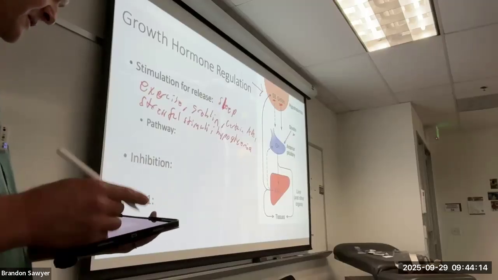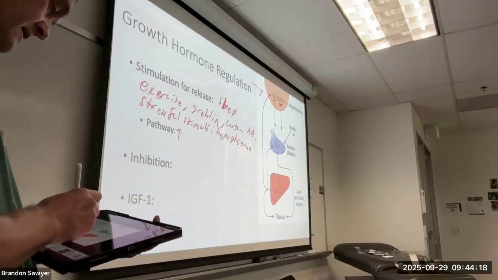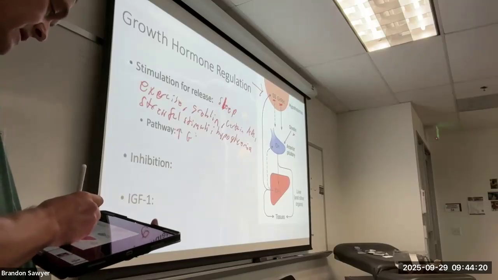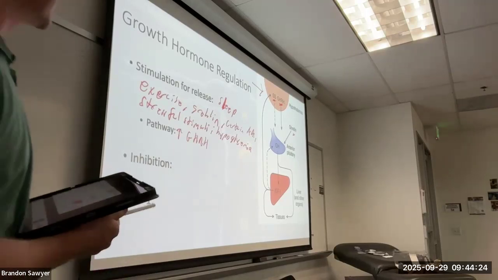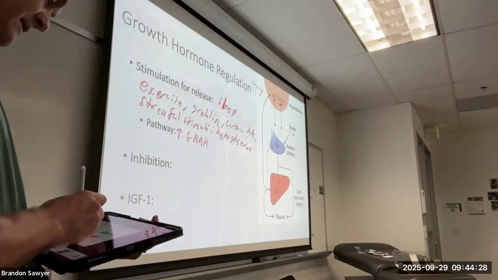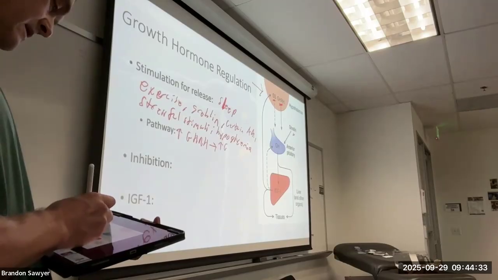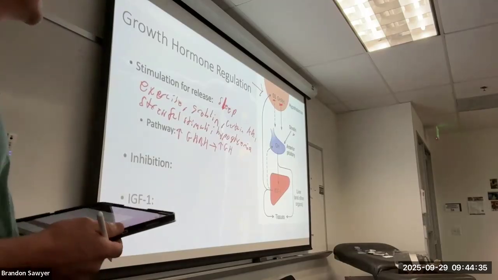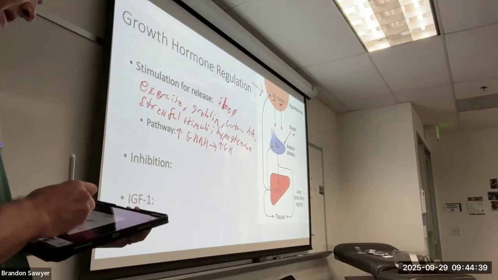The stimuli is really going to be causing an increase in GHRH, growth hormone releasing hormone, which is then going to lead to an increase in growth hormone from the anterior pituitary.